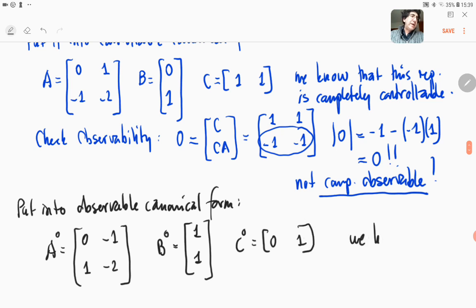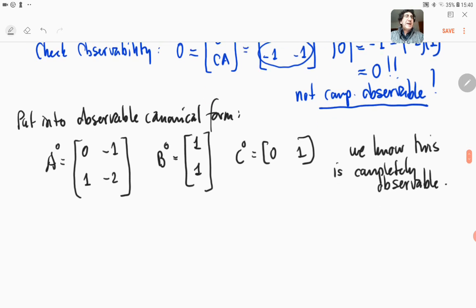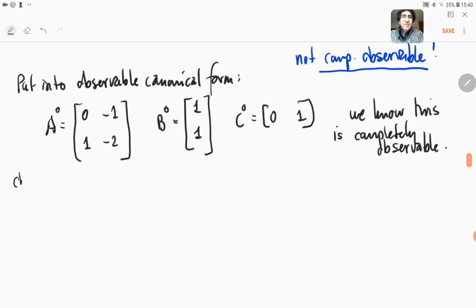Now we know again that this is necessarily completely observable. But this time we need to check controllability.